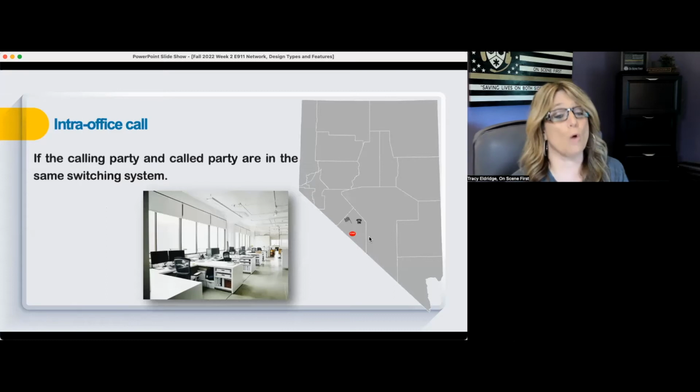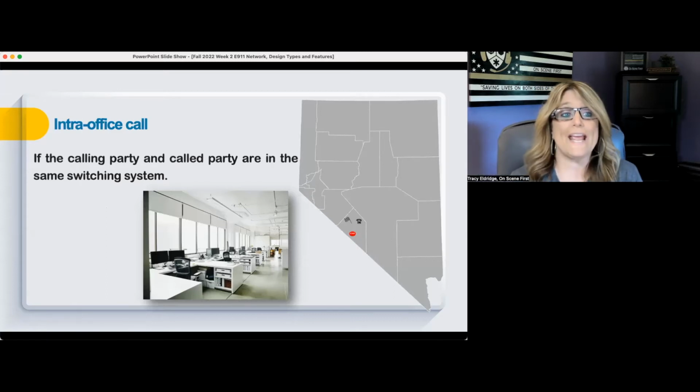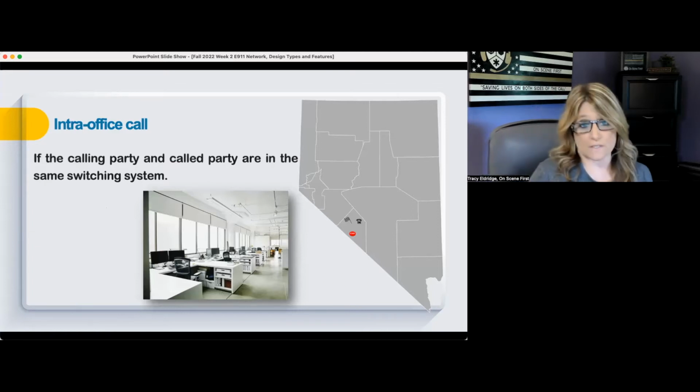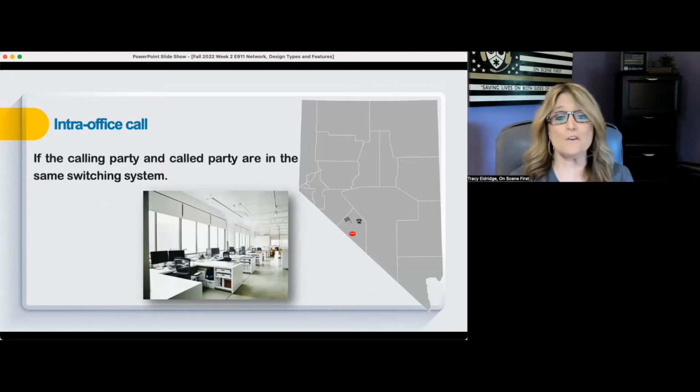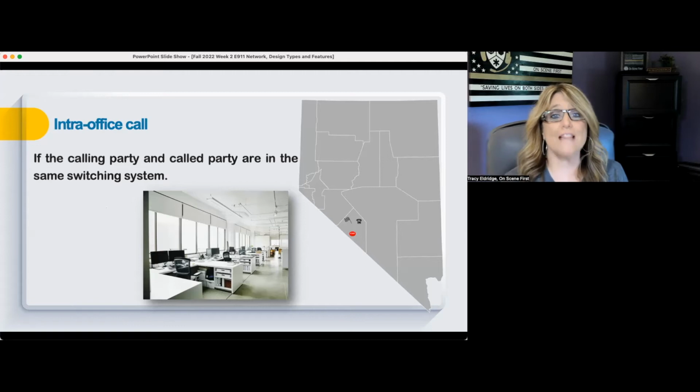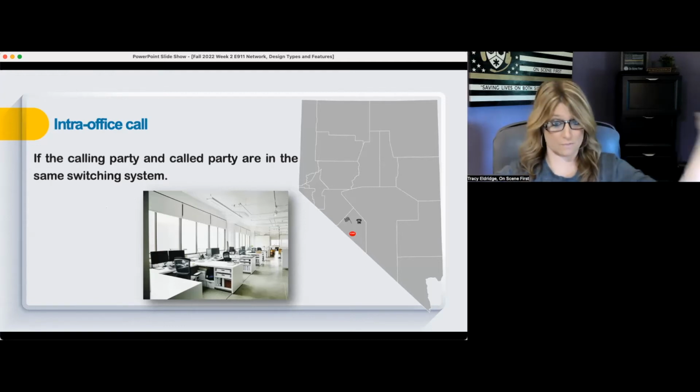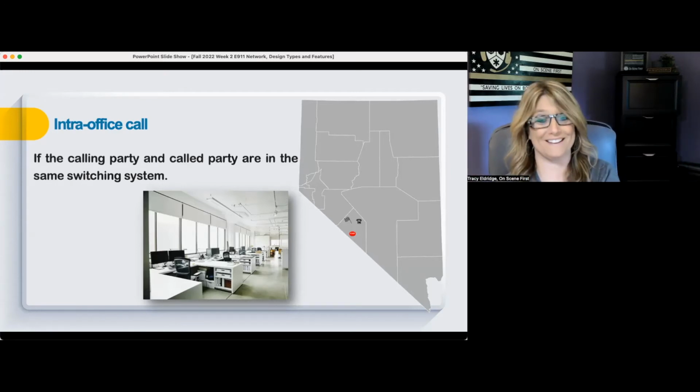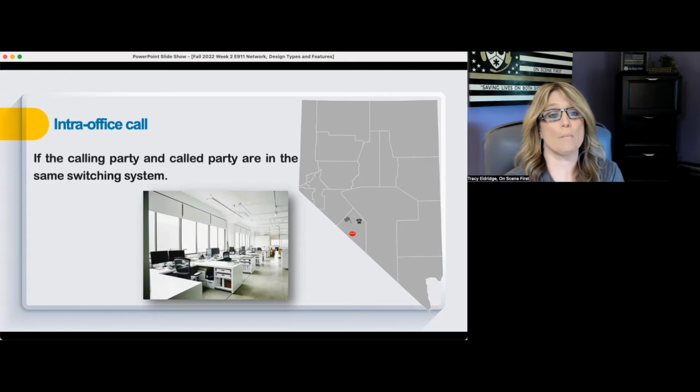The first one is what they call an intra-office call. Now, I want you to think of LATAs as being a company. It's just a company, the Acme 911 company, and we're going to use people as an example.